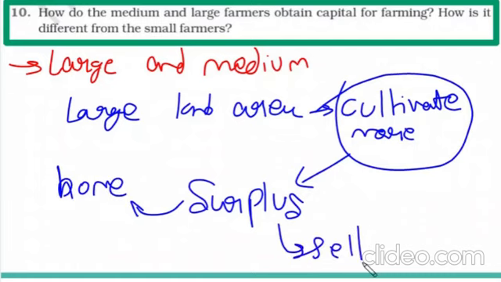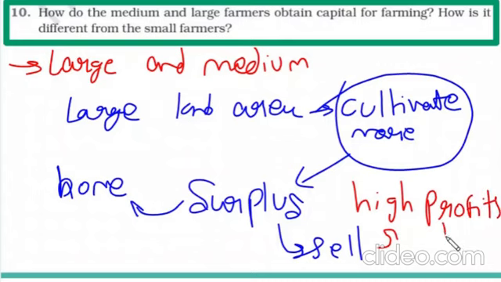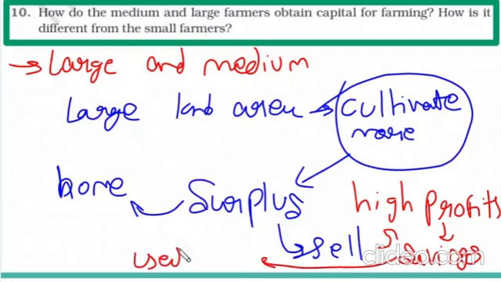From this selling, they get high profits. Now these high profits are used in savings. They save it, and then these savings are used for the coming season, correct?